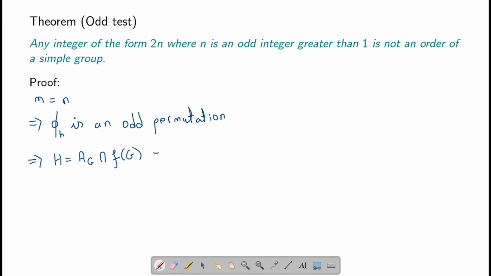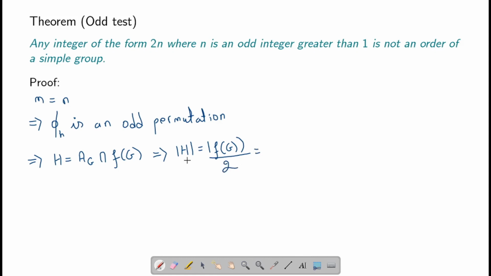So this will tell me that the number of elements in H, that is all the even permutations in F(G), since it has one odd permutation, will be exactly half of the elements in F(G). So the number of elements in H will be the number of elements in F(G) over 2.